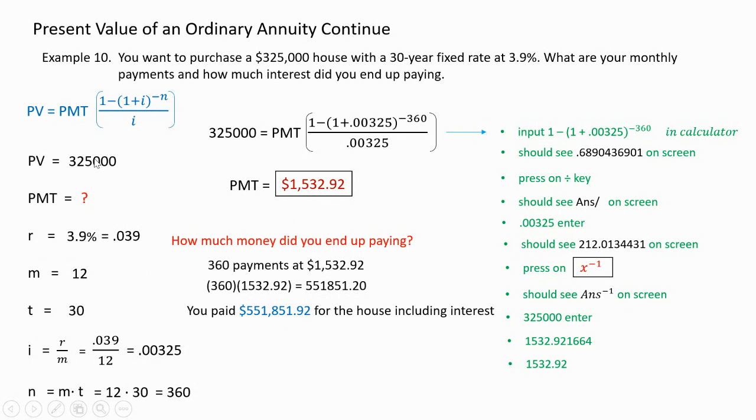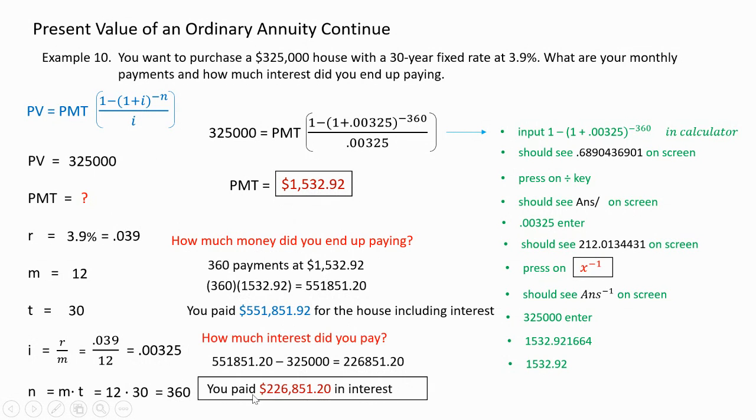Isn't it amazing, guys, that you end up paying like 225,000 more? You end up paying $226,851.20 more. So then, how much was interest? How much extra money did you pay? Because the house was $325,000, you paid $226,000 in interest. Okay, this is how much interest you paid, which is a lot of money.